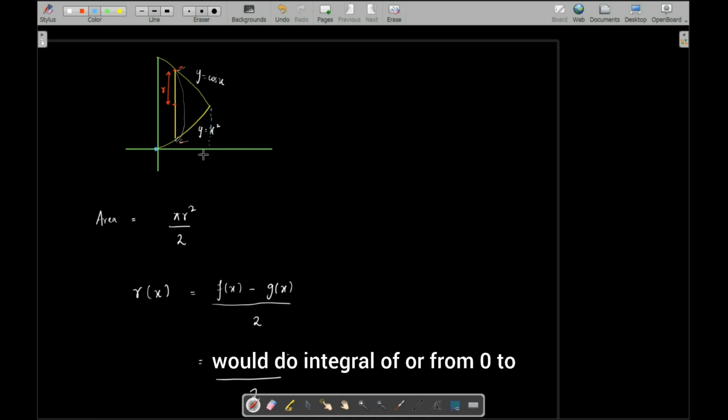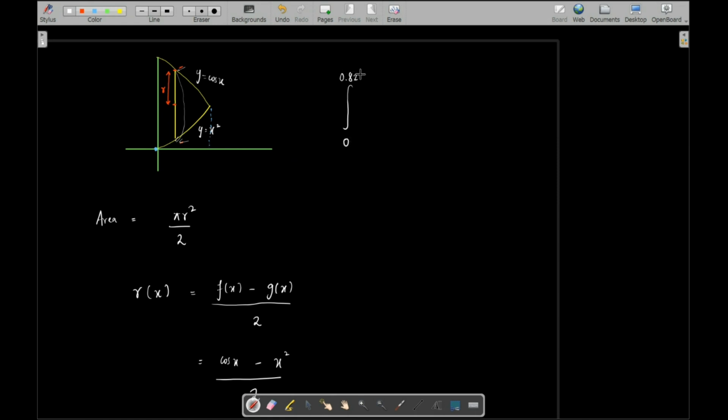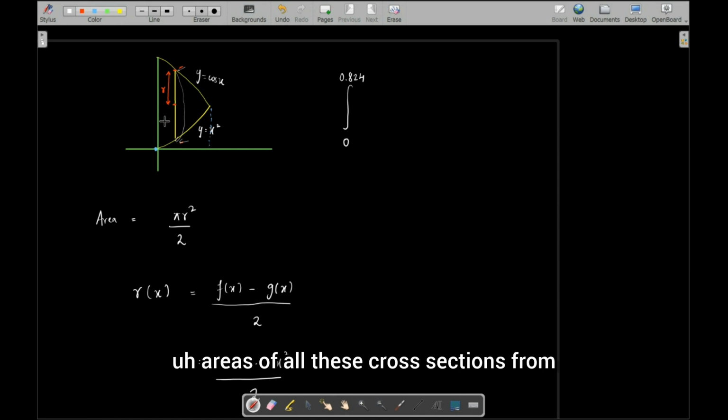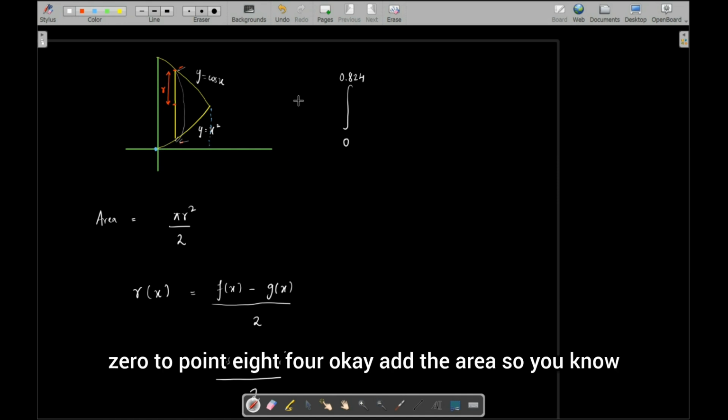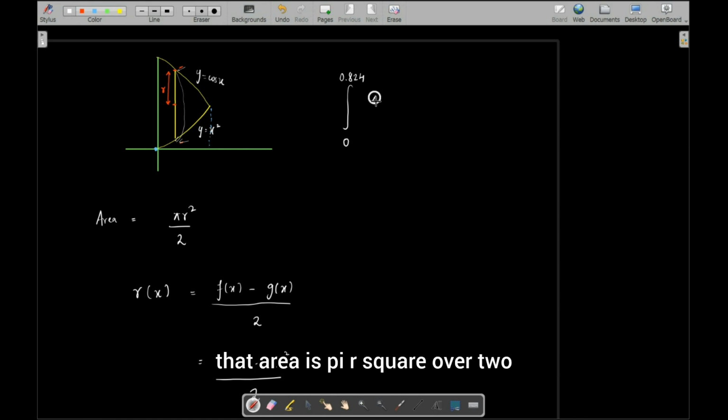So you would do the integral from 0 to 0.824. We add the areas of all these cross sections from 0 to 0.824. The area is pi r squared over 2 dx.